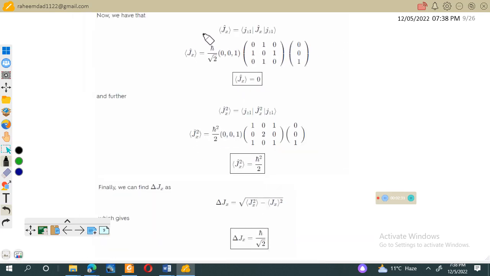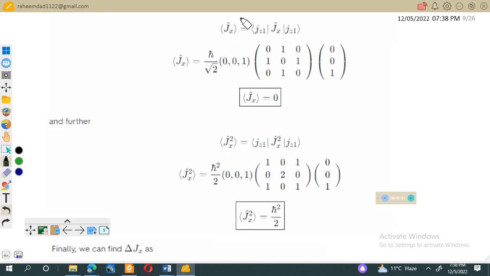Now Jx, we know that the average value of Jx is equal to the bra vector of Jz eigenstate, Jx, and the Jz eigenstate column vector, because when we find the expectation value of any observable in a state vector, we can sandwich it between the two states.